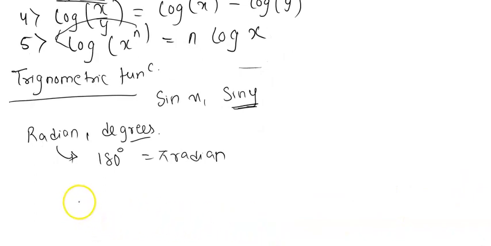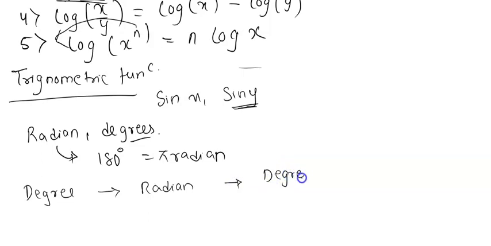So to convert a degree into radian, what we do is that we multiply that degree by pi by 180, and we get that particular degree in terms of radian.